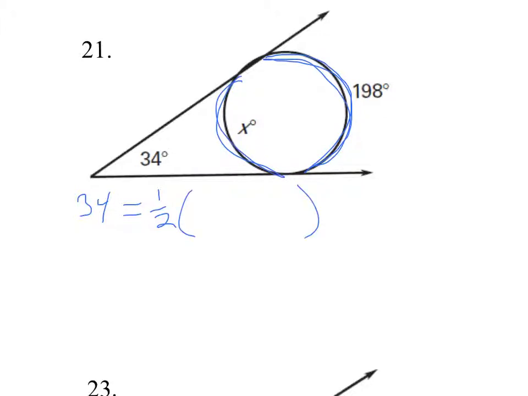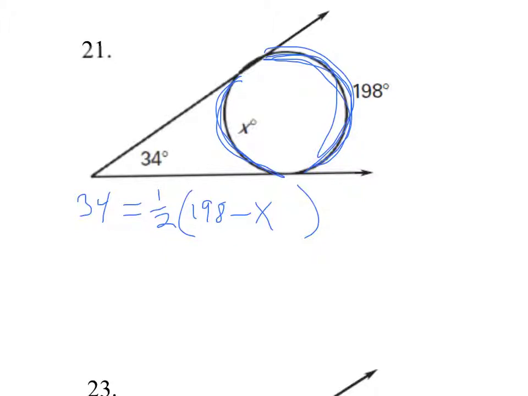And you have to subtract them in order, the outside one minus the inside one. So 198 minus x. So you're not really averaging them because you're subtracting them. That's the main difference with this set.